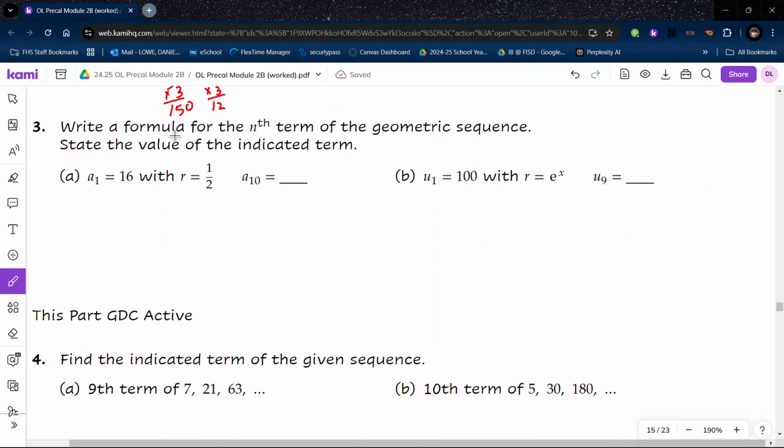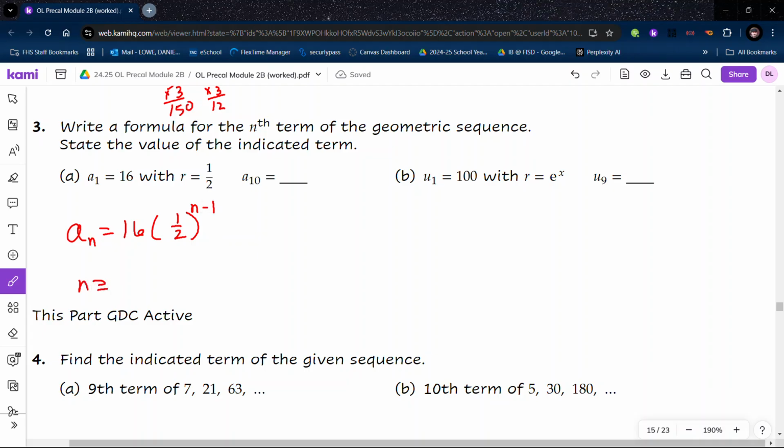For number 3, we want a formula for the nth term of the geometric sequence and the value of the indicated term. So, if I know that my geometric sequence starts with 16, I know that my given term can be 16 times 1/2 to the n minus 1. Why do I have n minus 1?